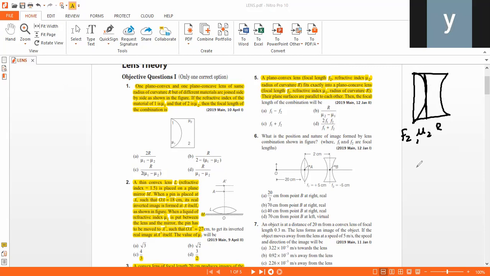Here the plano convex has focal length f2 and refractive index mu2, and the radius of curvature is r. For the concave lens, focal length is f1, refractive index is mu1, radius of curvature is r. Now we need to find the focal length of the combination.